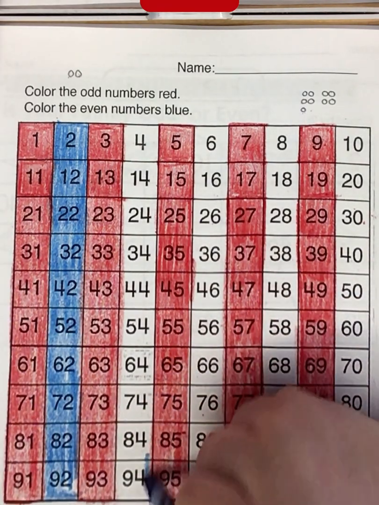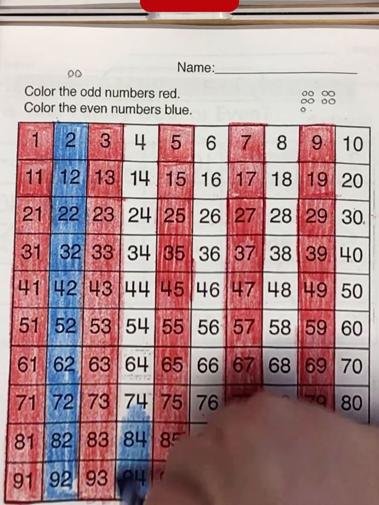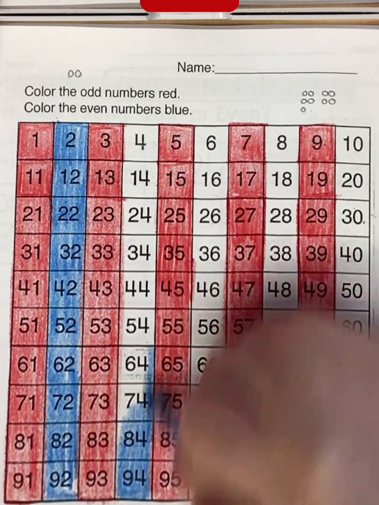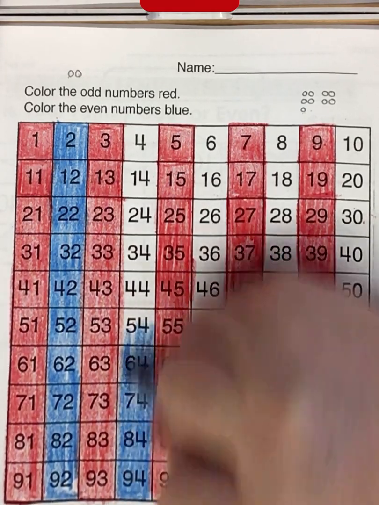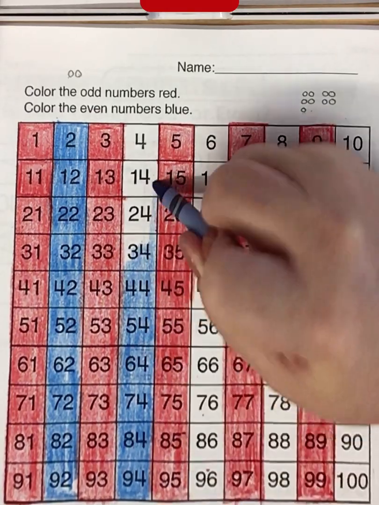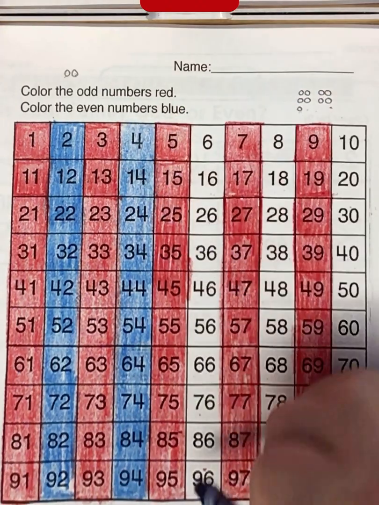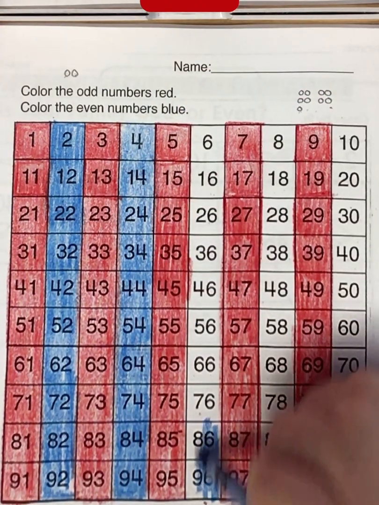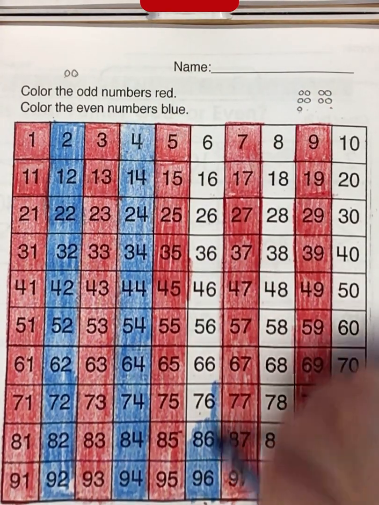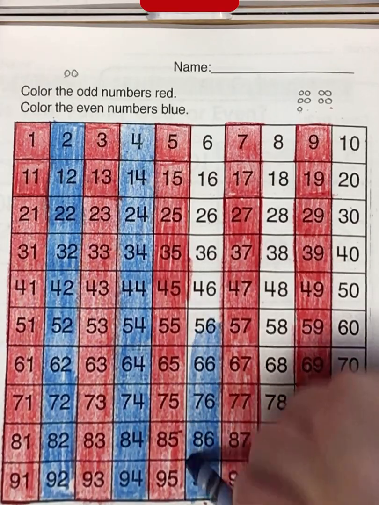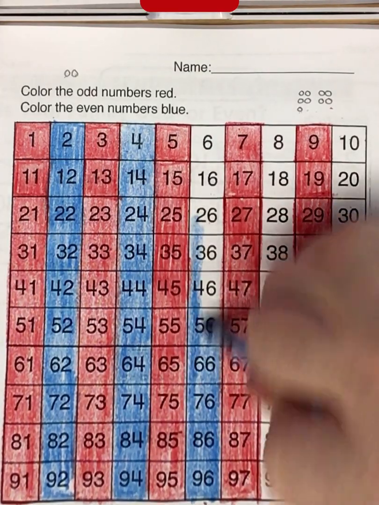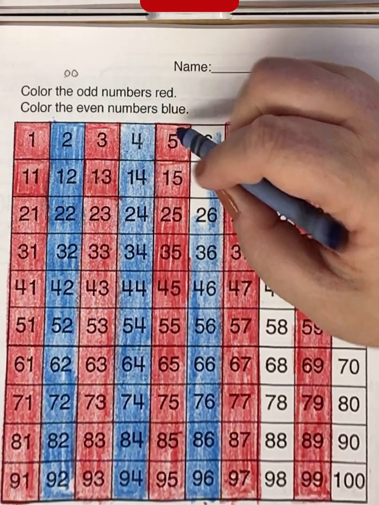So if the number 2 is in the ones place, then it will be an even number. Same thing with the 4s. If there is a 4 in the ones place, then it will be an even number. Same thing with a 6. If there is a 6 in the ones place, then it will be an even number.